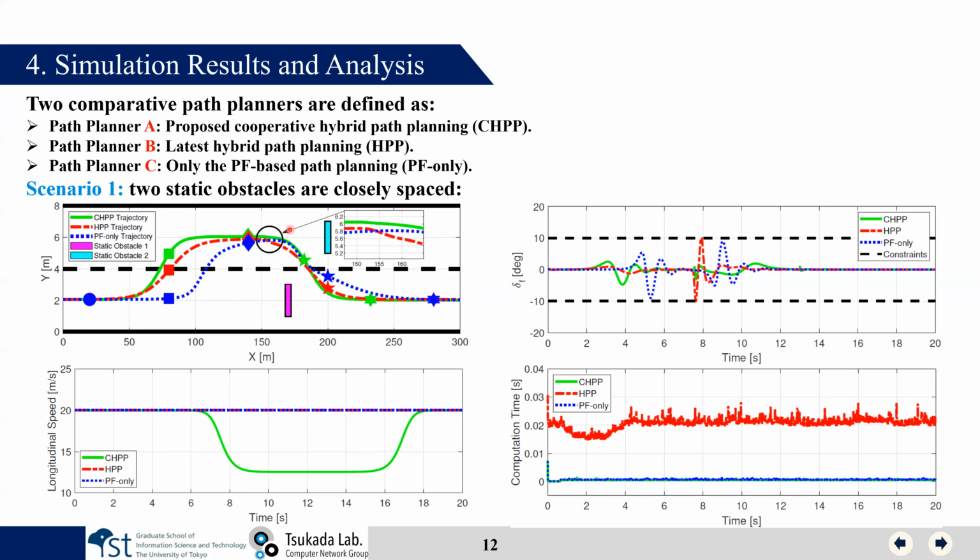And we can observe that the proposed one can plan a more comfortable path. And the computational time is also similar to the PF-only method. And the proper deceleration and cooperative speed of velocity is calculated by the CHPP method.